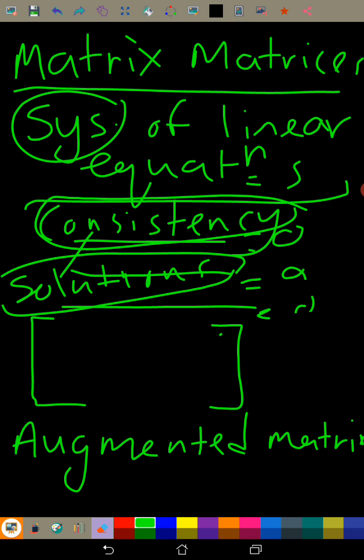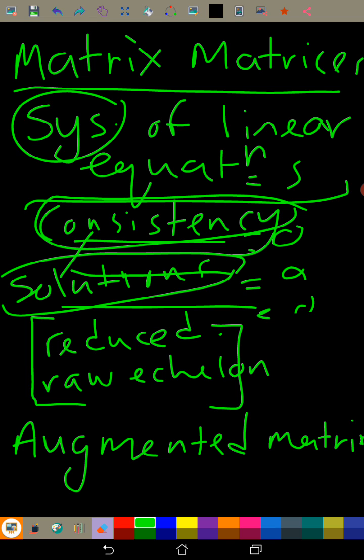Now, what else? We know what the reduced row echelon form of a matrix is. That's when we have 1, 0, 0, 0 and a number, 0, 1, 0, 0 and a number, 0, 0, 1, 0 and a number, 0, 0, 0, 1 and a number.